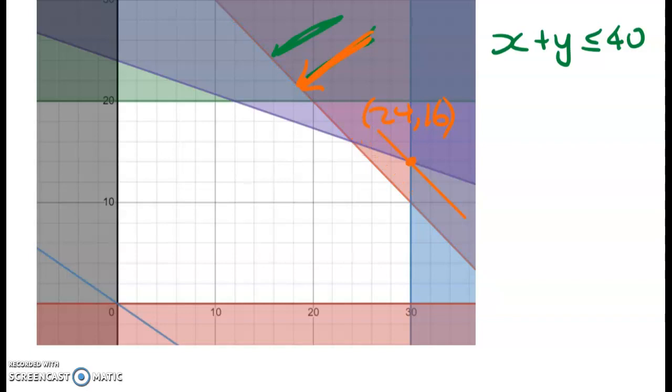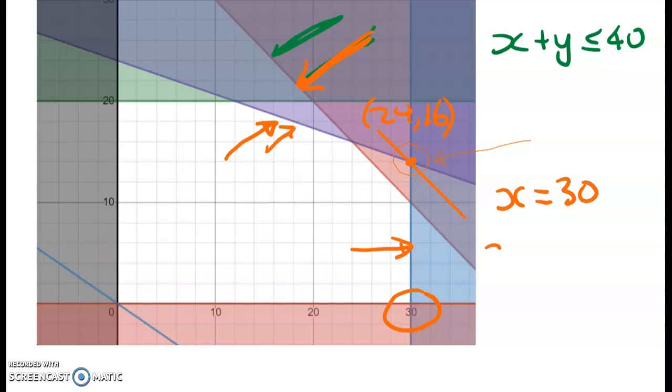Where is this point where the oven capacity is not what's holding me back? Well, it's at the intersection of two of the other constraints. It's at the intersection of this one and this vertical one here. So this line has the equation x equals 30, and this purple line here is the one about time. So it's x plus 3y is equal to 72.